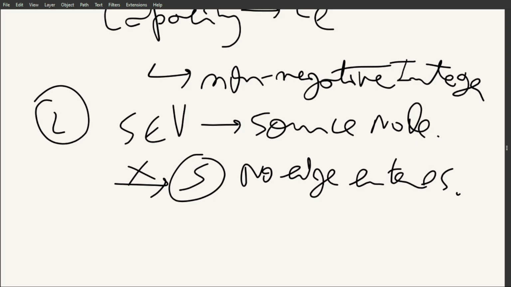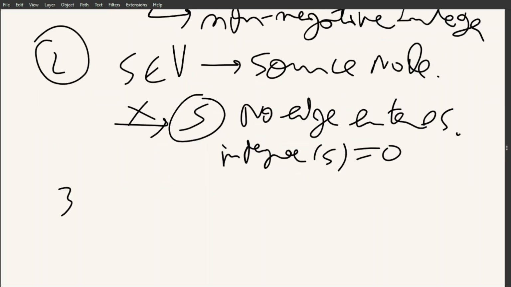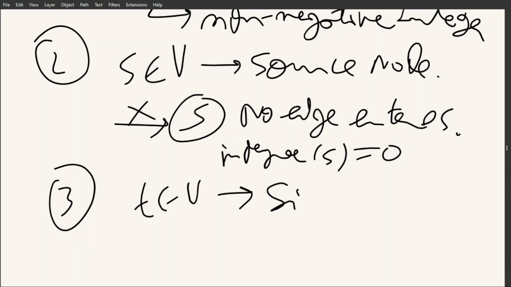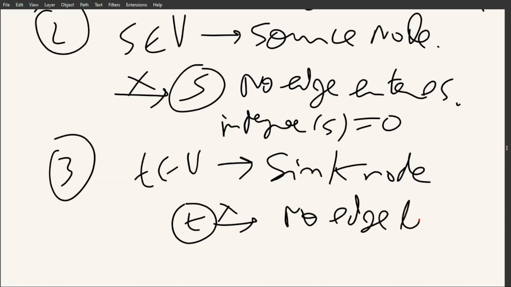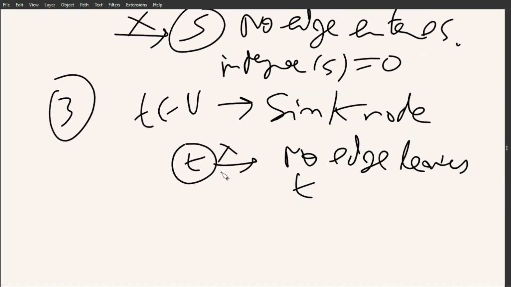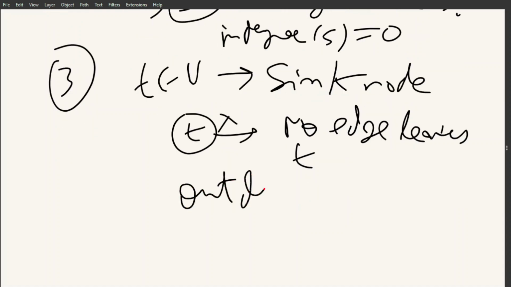Yes, you can say that in-degree of s is 0. Similarly, we have a sink node, call it t. t is in V, this is called sink node. This is just opposite of the source node. No outgoing edge is allowed. So no edge leaves t, or in short you can say out-degree of t is 0.